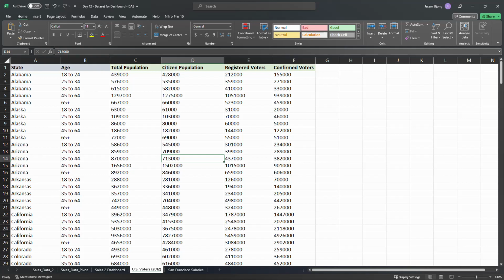So let's start from the US voters. Please, I just want some notification just to be sure. Do we all have these data sets? Let me have a few responses, yes or no, on the chat, because we have more work to do. Yes, yes, yes. Okay, great, beautiful. We all have it.